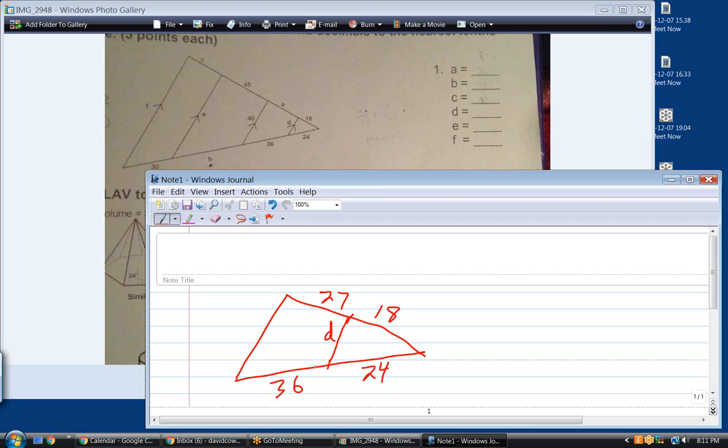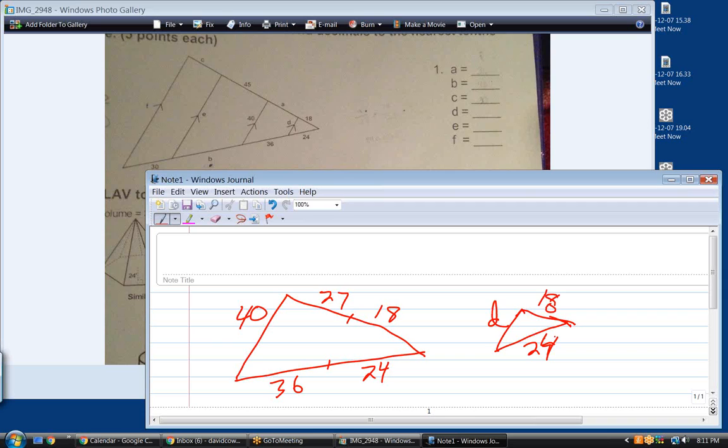There's D. Oh, excuse me, I don't want D in there. This is 40. And I'm going to draw my little triangle apart just because it's easier to see that way. Those are similar, and I know 24, 18, and this is D.